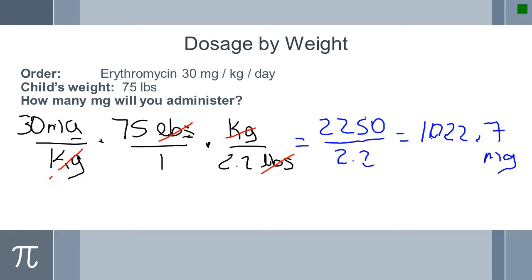So when we divide 2,250 by 2.2, then we get 1,022.72 or 0.7. And that tells you how many milligrams that you're going to have.